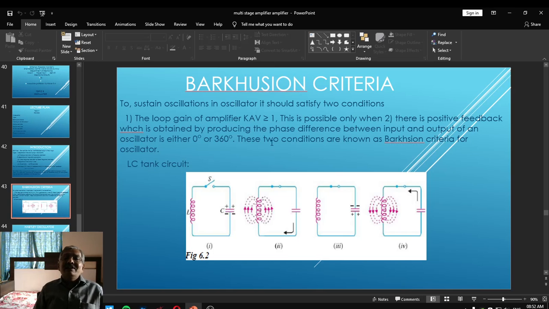Naturally, the electronic circuit designed will start to generate oscillations. Then that circuit we can call an oscillator.